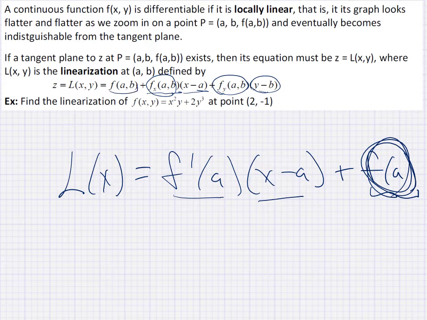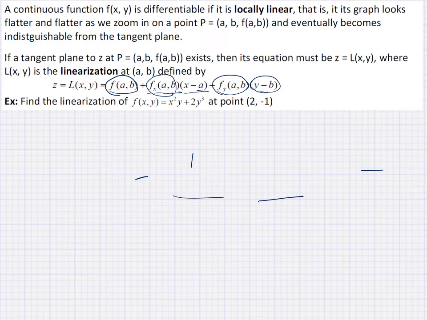The function value is now f of a, b instead of just f of a. And so the linearization for a multivariable function is found using this formula, which is just an extension of the linearization in Calc 1.